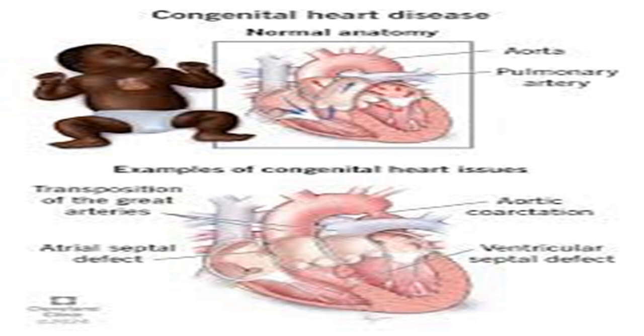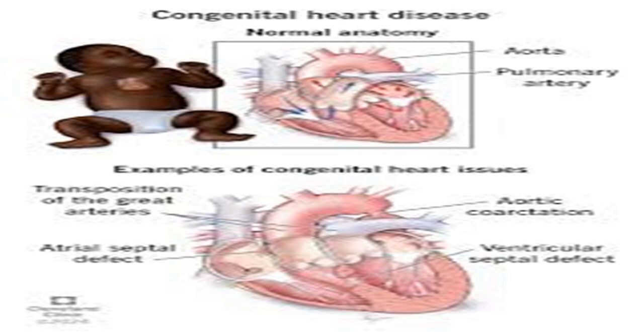Congenital heart disease occurs when the heart or blood vessels near the heart don't develop properly during fetal development. The exact cause of most congenital heart defects is unknown, but certain risk factors can increase the likelihood. Genetic factors: some congenital heart defects are linked to genetic conditions, such as Down syndrome or Turner syndrome.